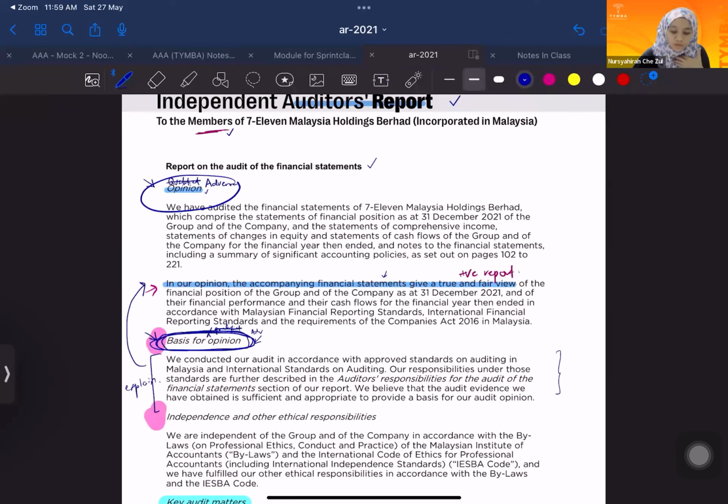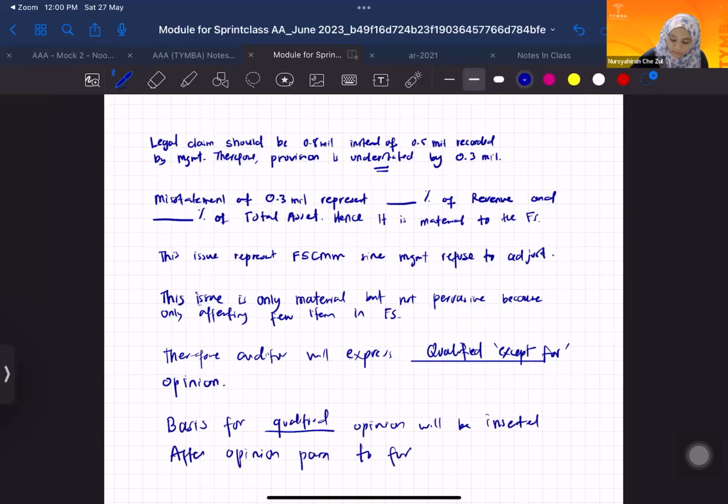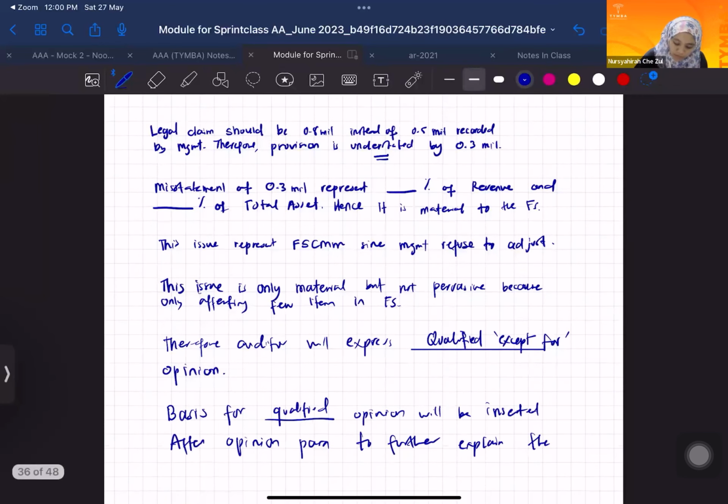So if we issue a qualified "except for" opinion, the following paragraph would be "Basis for Qualified Opinion", inserted after the opinion paragraph to further explain the issues or the misstatement.